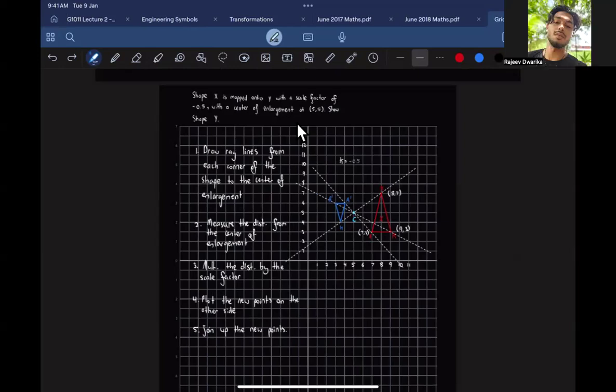So, Alicia, in that situation, you're going to multiply the distance you measure by 3. The negative means that you're doing it on the other side, inverting the shape. So the only thing you have to care about is the 3.